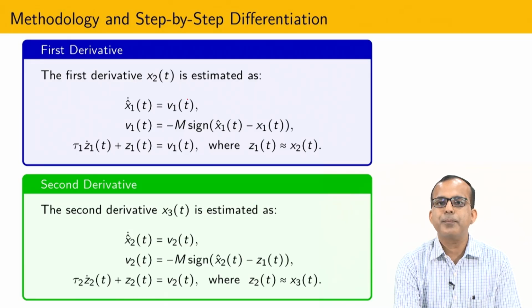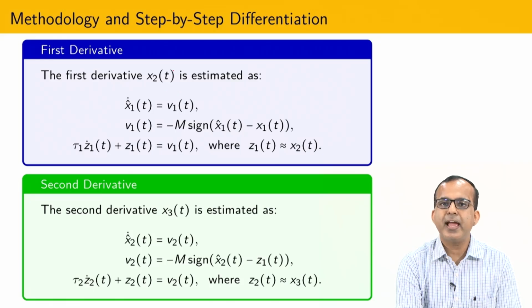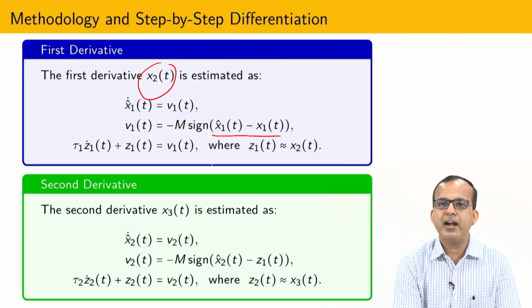Suppose the first derivative of the signal is x2, and at that time you have to design the system like this. Okay. So x1 cap dot, V(t) is the m gain, and this is nothing but the sliding surface you have to define, and after that you have whatever z comes into the picture.